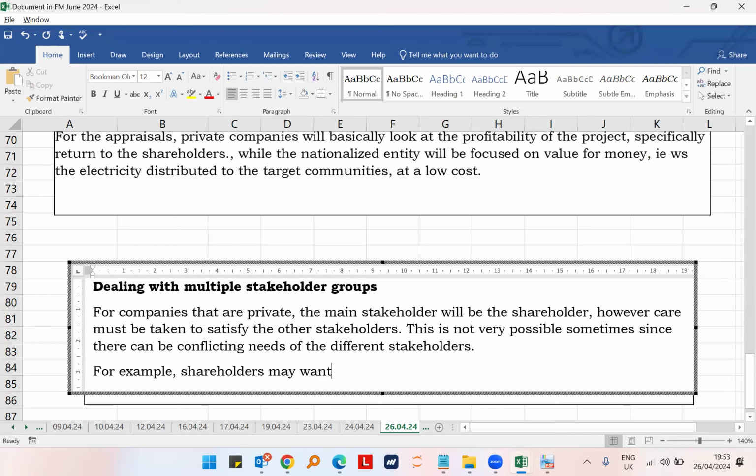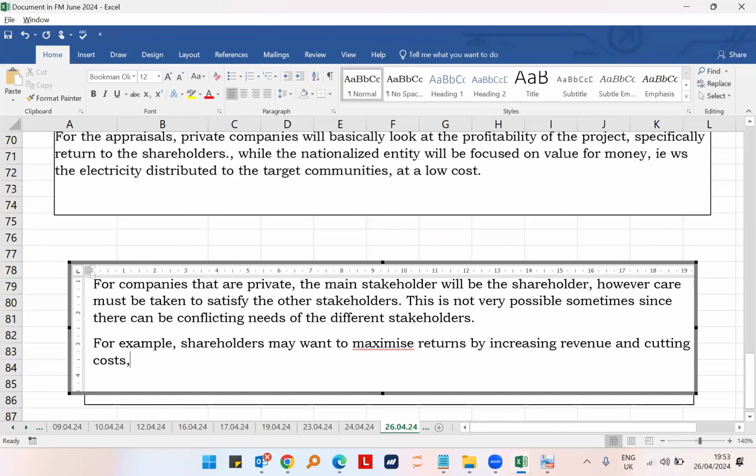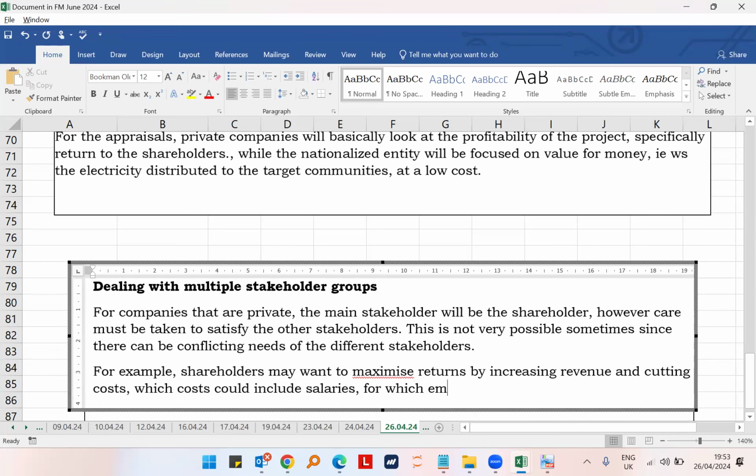may want to maximize returns by increasing revenue and cutting costs. Okay, which costs include salaries, which employees need to increase.